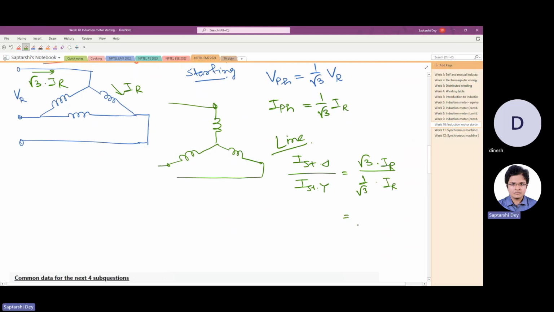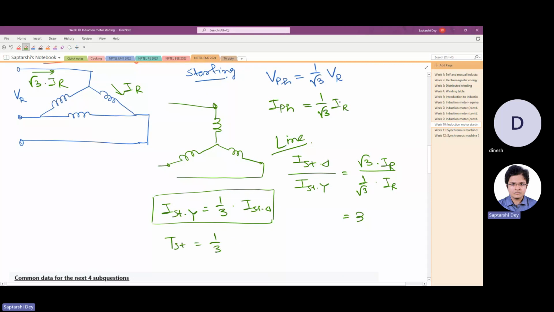So the ratio is 3. That means starting current with star is 1/3 that of delta. So you are reducing the current by 1/3. Now, since the current is reduced by 1/3, torque is also reduced by 1/3.